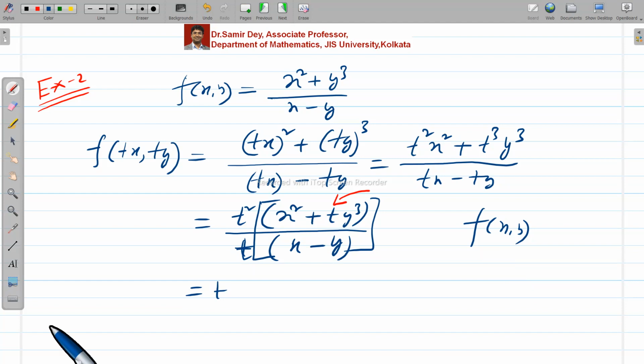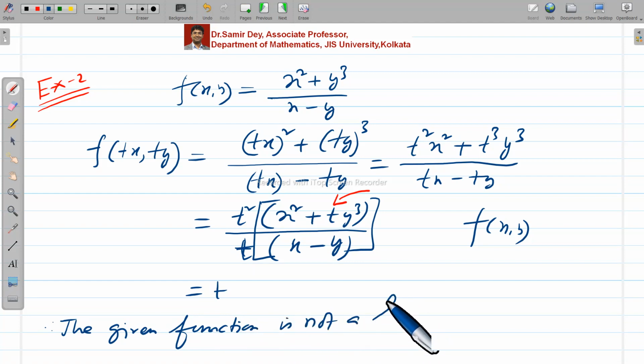Correct. So you write down: the given function is not a homogeneous function.